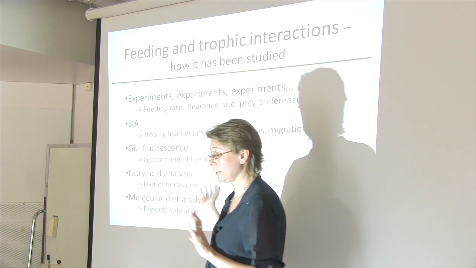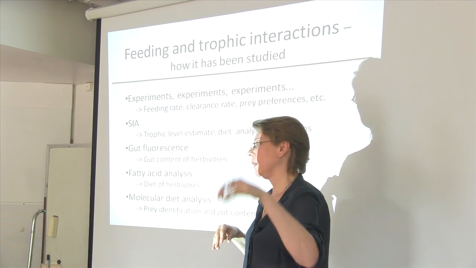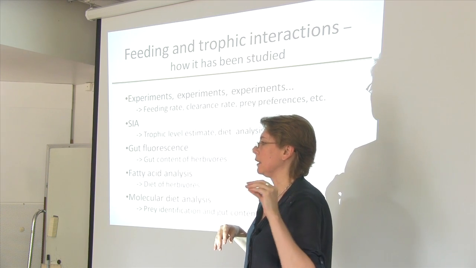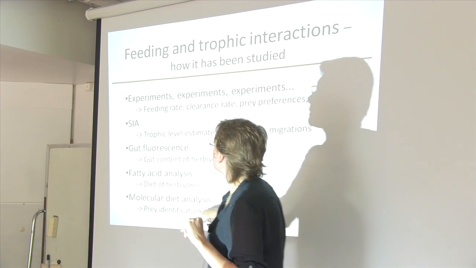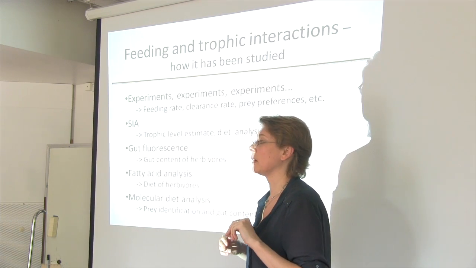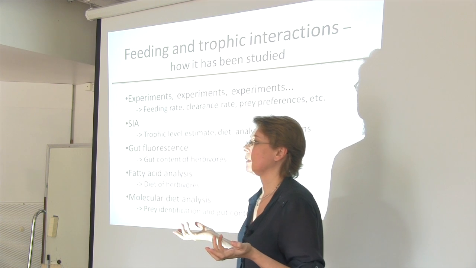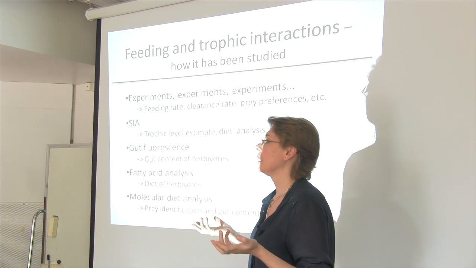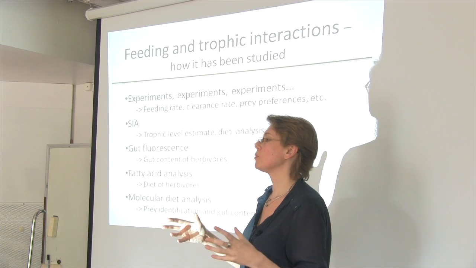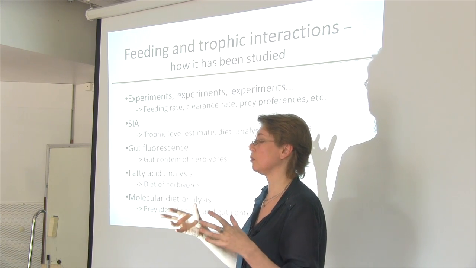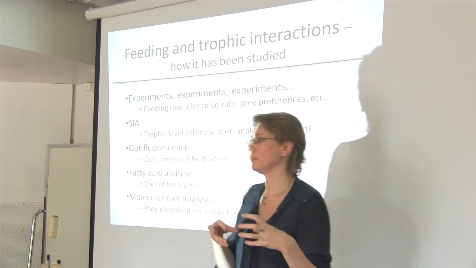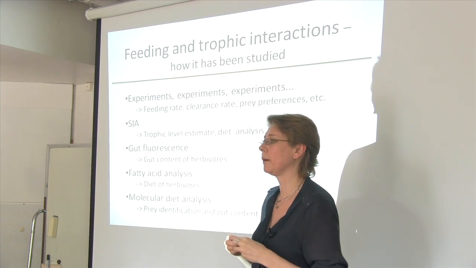Molecular diet analysis, very recent, when we pick a consumer and see what kind of DNA it has in the stomach. In a way, it has the same limitations as gut fluorescence analysis because some of the DNA gets digested and disappears, making it difficult to quantify the amount of food in the stomach or calculate the consumption rate from the amount of DNA in the stomach.